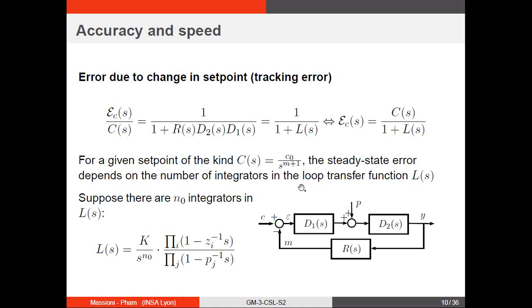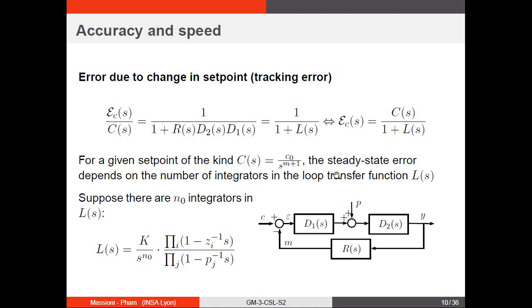It means that if you write L in the canonical form, as we have done before, there are some zeros, there are some poles which are not in zero, and then you factorize all the poles and zeros which are in zero in one term over here, this 1 over s to the power n naught, and basically n naught is the number of integrators in the loop. It doesn't matter actually here if they are in D1, in D2, or in R.